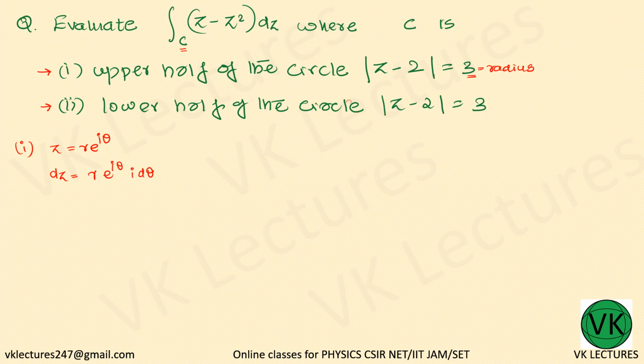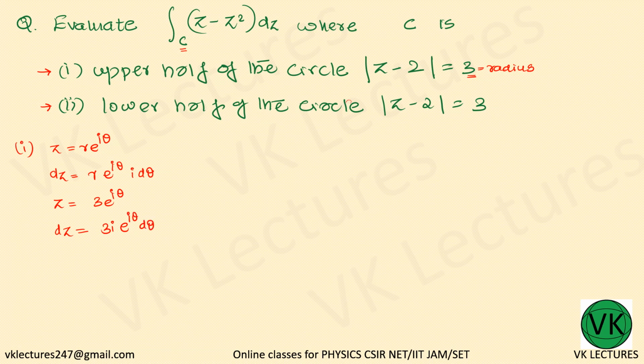Okay, now what is r equal to? Radius equal to 3. So our z value is equal to 3 e to the power i theta, and dz is equal to 3i e to the power i theta d theta.